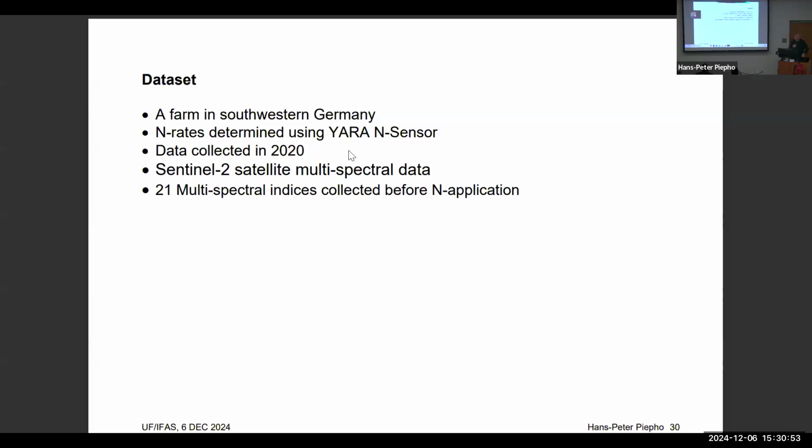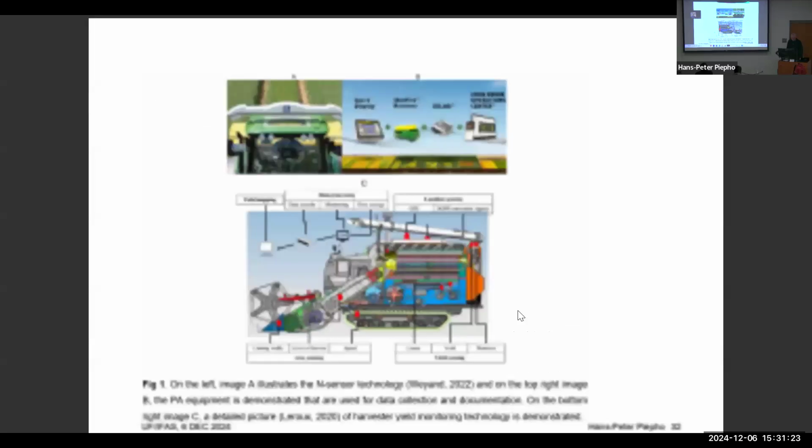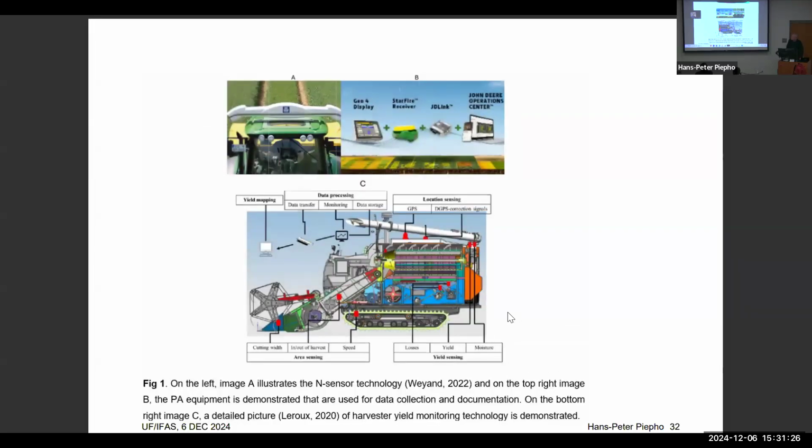Here's a little more information about the data: the type of fertilizer applied, the ranges that were applied between 20 and 75 kilograms per hectare in the third dose, different dates at which the spectral data were assessed, and here are the BBCH stages of the crop. And here's the N sensor that was used.